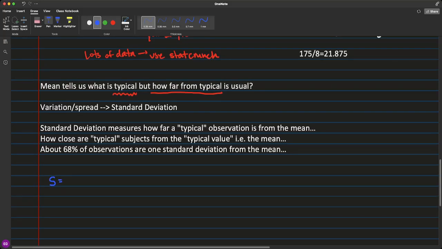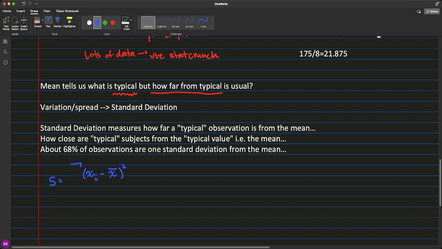How do you calculate the standard deviation? Well, what you're going to do is you're going to take each observation. So xi is your observation. And then from that observation, you're going to subtract the typical value. And then you're going to take that and you're going to square it. Now you do that for every single number. Every number minus the mean squared.